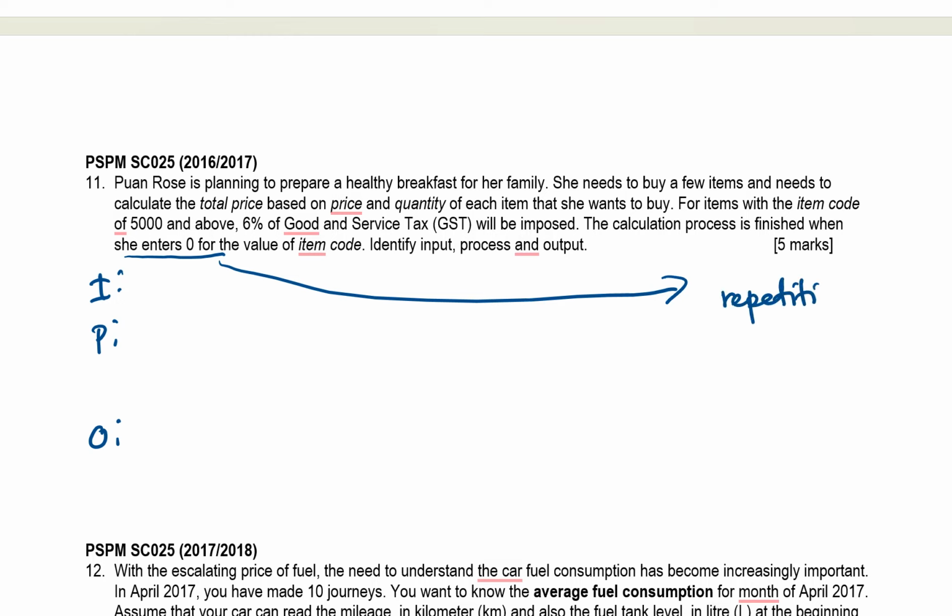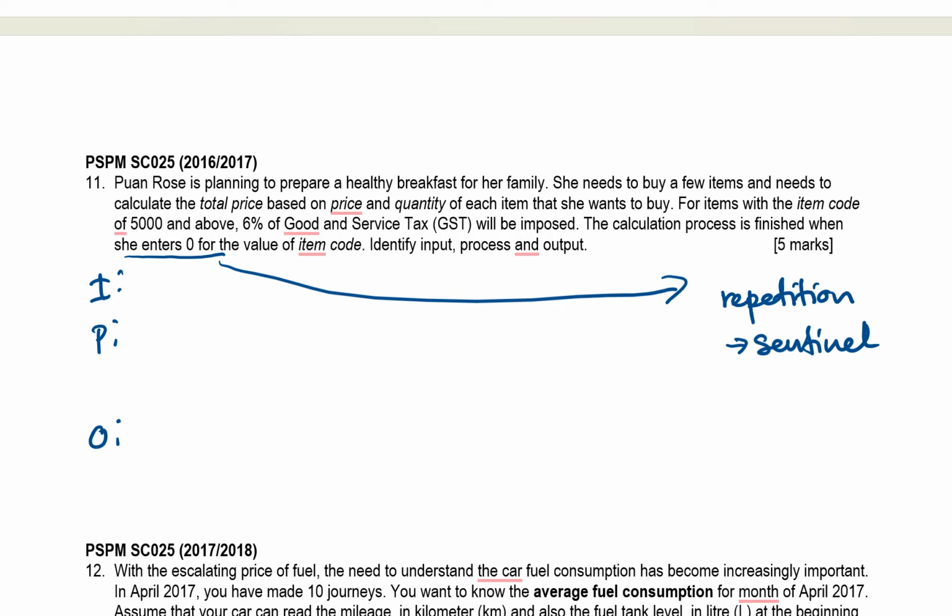There are two types of repetition: you have sentinel control, and another one is counter control. This one is called sentinel, which means that when she enters 0, this program will stop. So this one is a sentinel control structure and it is a repetition.